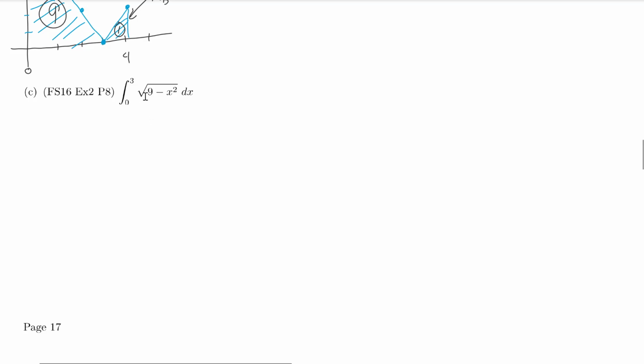Now what does this function, square root of 9 minus x squared, look like? Y equals the square root of 9 minus x squared. Well, if we square both sides, we get y squared is equal to 9 minus x squared. And if we add the x squared over, we get y squared plus x squared is equal to 9.